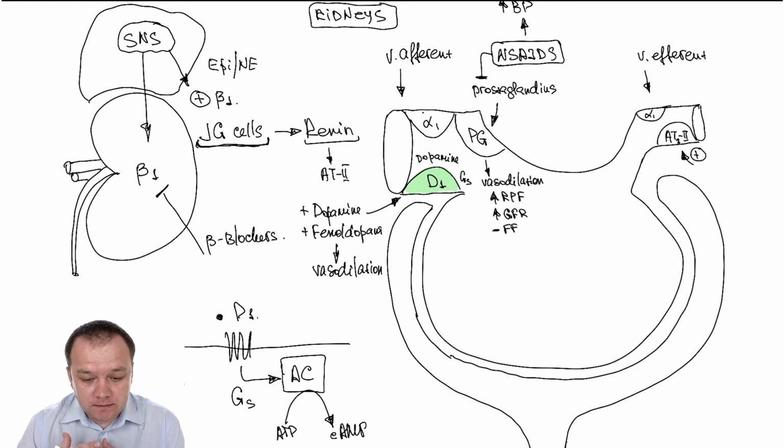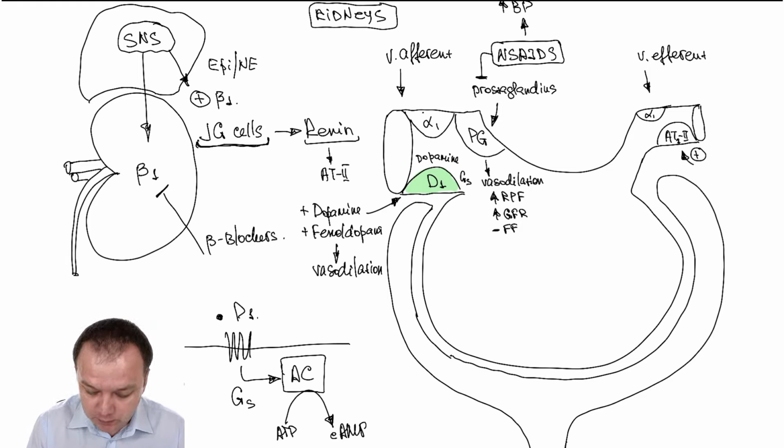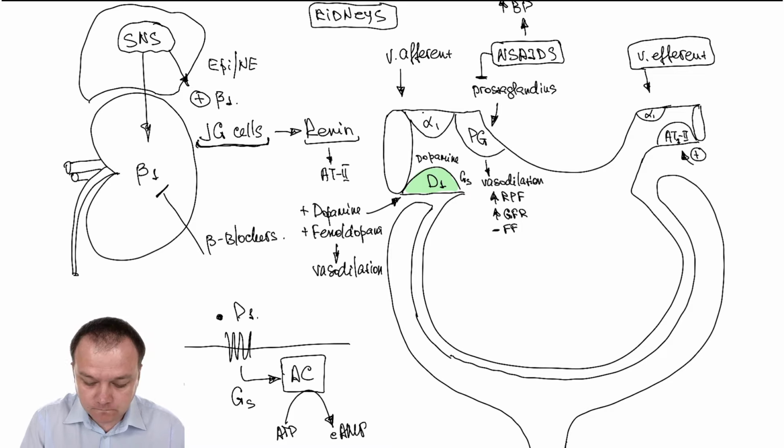But it happens because, due to the constriction of vas efferent, we have more osmotically active filtrate, and more reabsorption happens. So this is how the mechanism works.